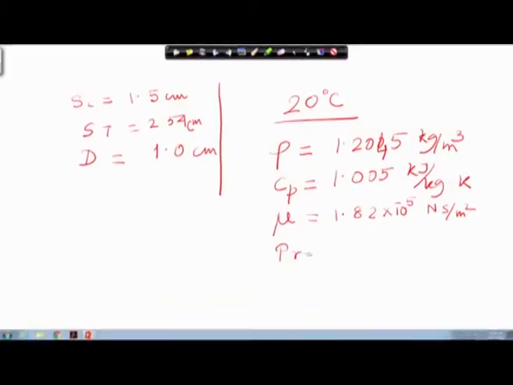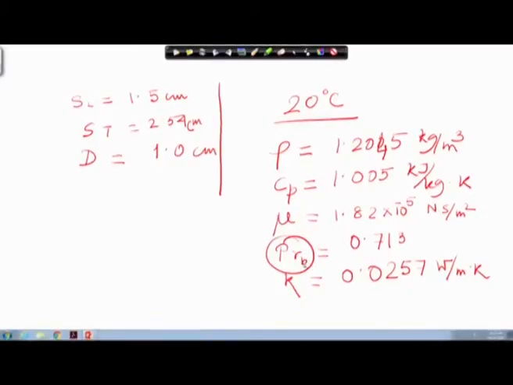Then we have the Prandtl number equal to 0.713, and the thermal conductivity is equal to 0.0257 watt per meter Kelvin. Also, this is Prandtl number Pr b evaluated at the bulk mean temperature, and Pr w, that is the wall temperature, 180 degree centigrade, comes out to be 0.685.